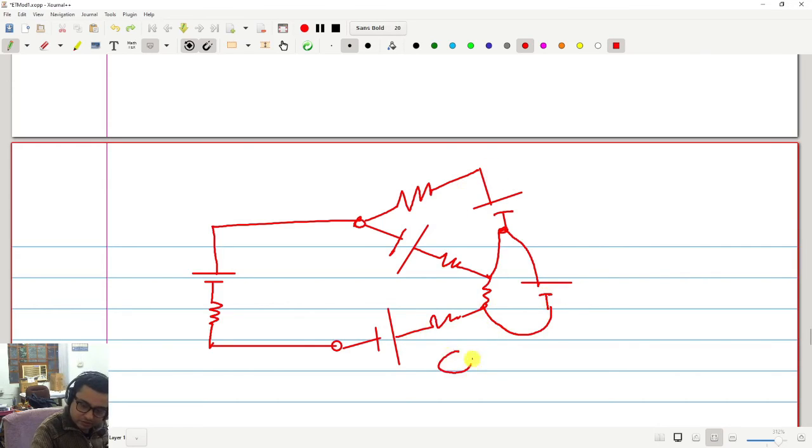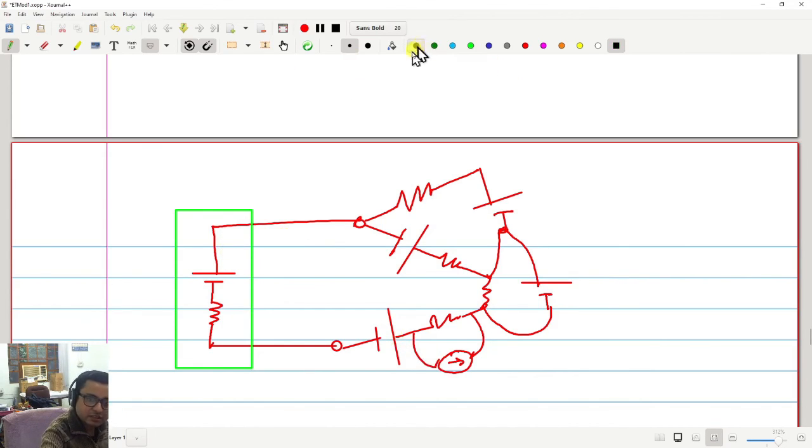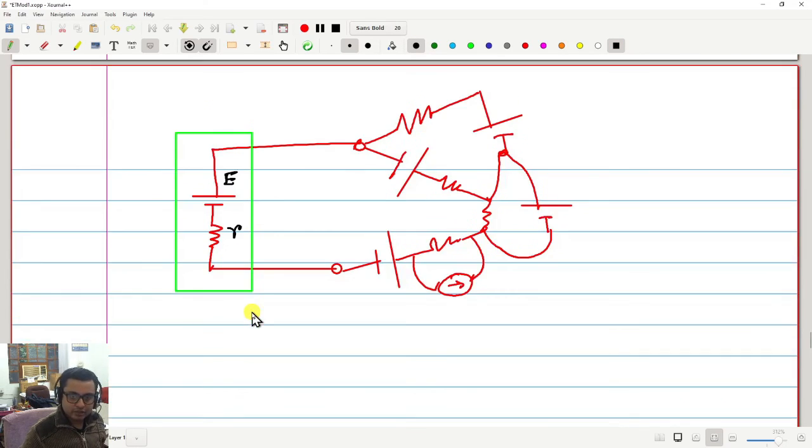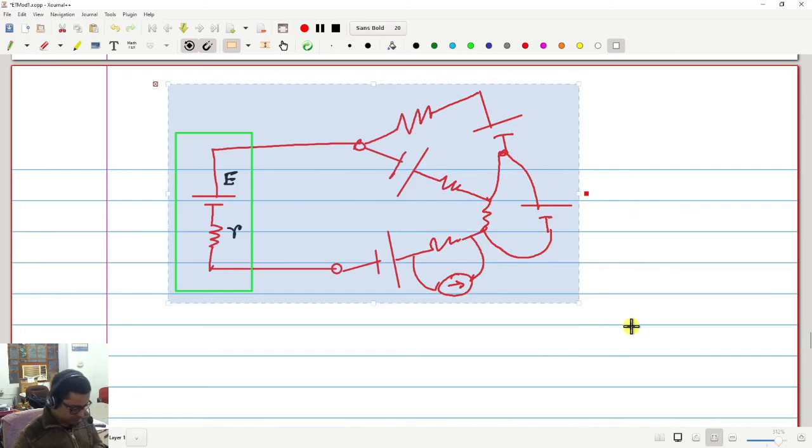So, you see that this battery is a part of a bigger circuit. Now, suppose if this is E and if this is R, then in this same big circuit, let me copy.